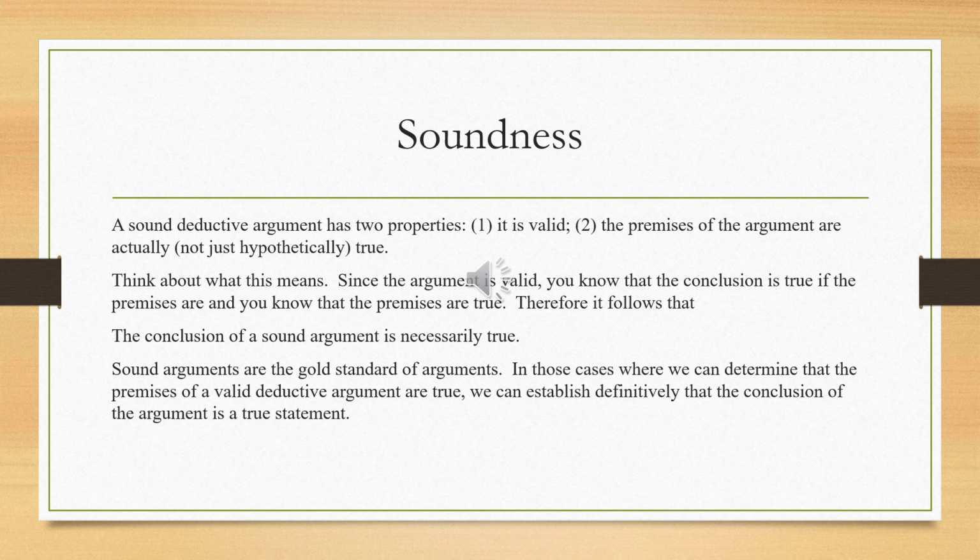So valid deductive arguments are provisionally good. Sound deductive arguments are the best, and those are what we are ultimately looking for. But again, just like with cogency, soundness requires that we establish what is actually true or not, which is a burden that is a higher standard than merely assuming the premises are true.